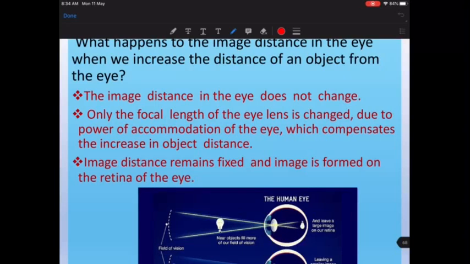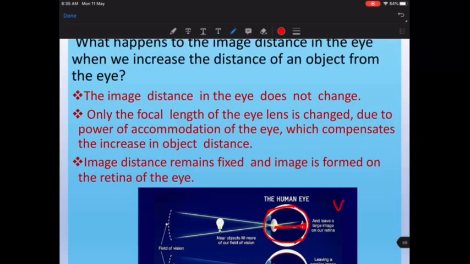This distance is V. V is fixed inside the eye, which means it is the distance from the lens to the retina. So he's asking, if we move the object from this position to a second position here, what is going to happen to the V? If U is changing, V should change.